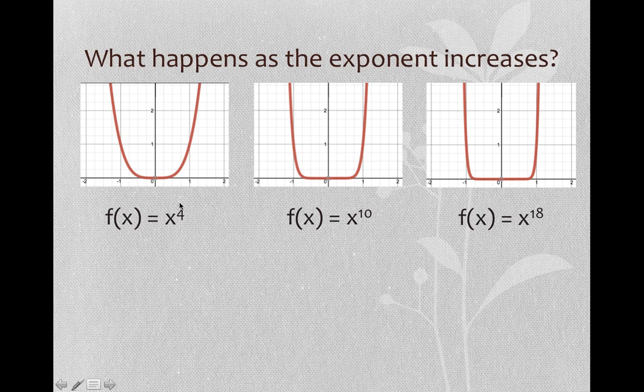What happens as this exponent gets bigger is the graph tends to flatten out between -1 and 1, and it gets steeper when x is less than -1 and greater than 1. So from here it begins to get steeper as the exponent increases.